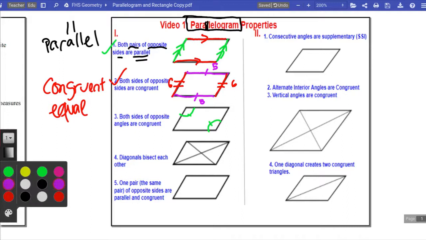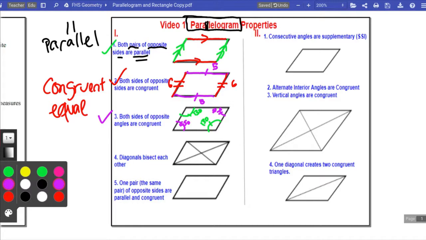Same thing over here. That angle is congruent to its opposite angle. For example, if this was 130, this would also be 130. If this was 50, that would also be 50. All right? Check. I don't want you to memorize this stuff.